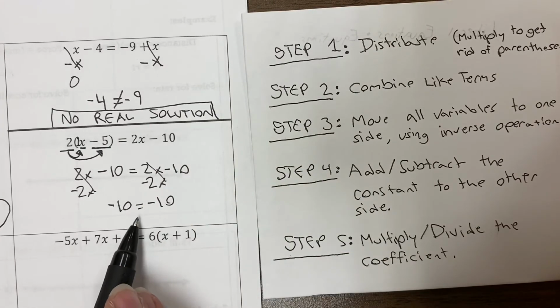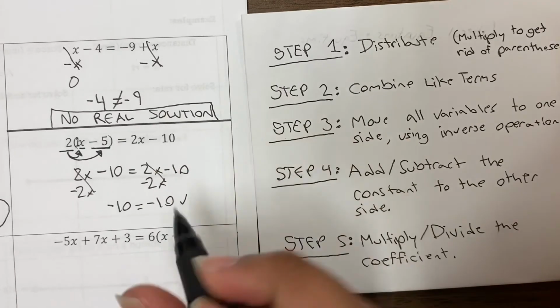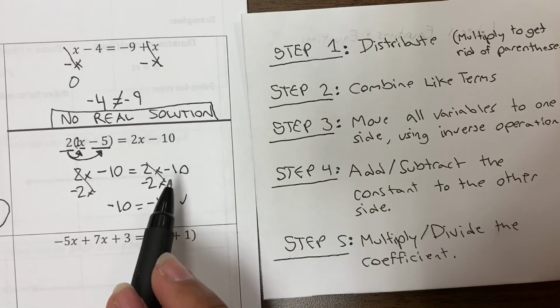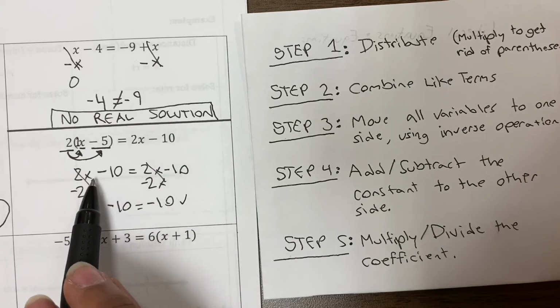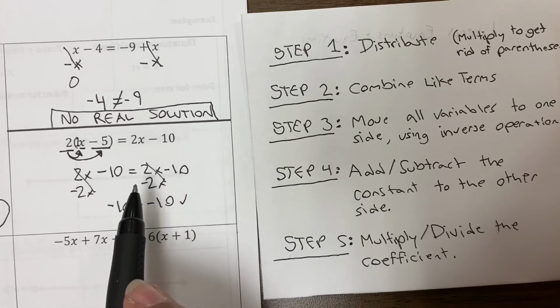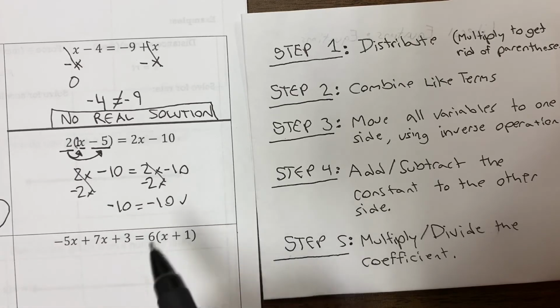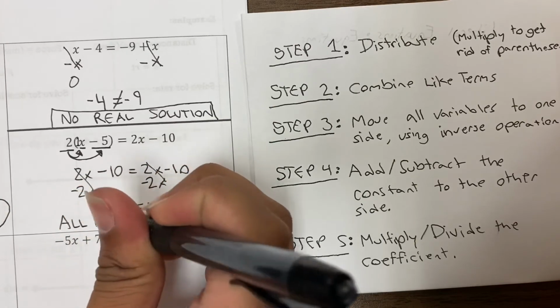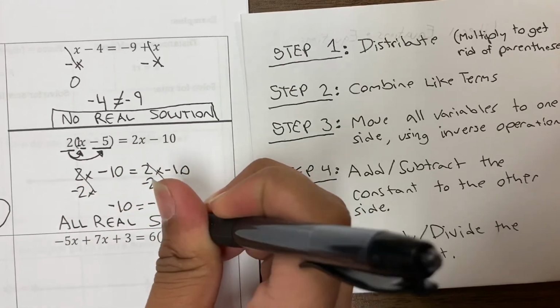This is true. So this is always going to be true. So 2x minus 10 is the same exact thing as 2x minus 10. What that means is that any number I put in for x is going to make this true. So that means that this one is going to be all real solutions.